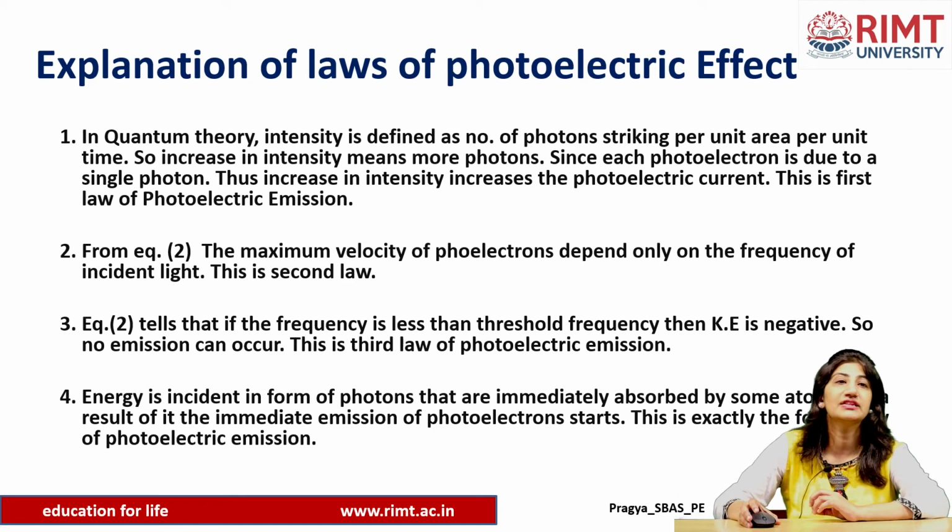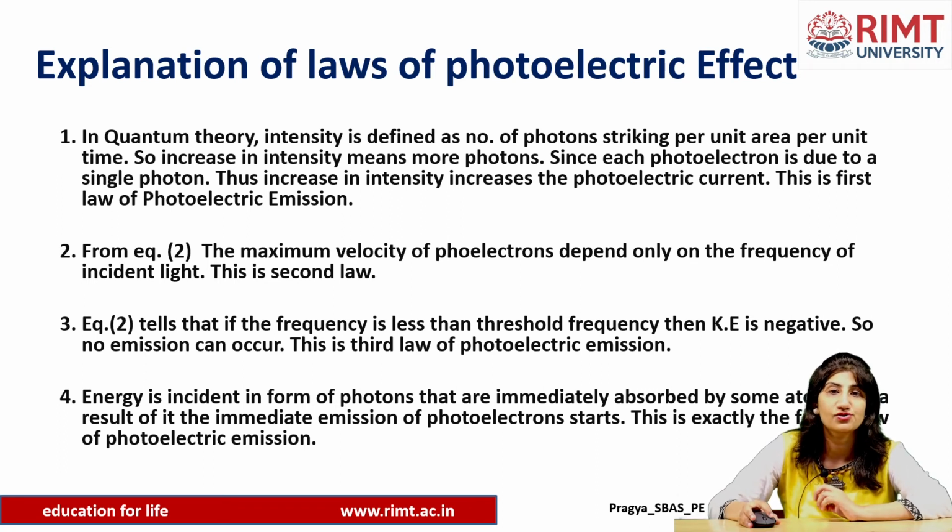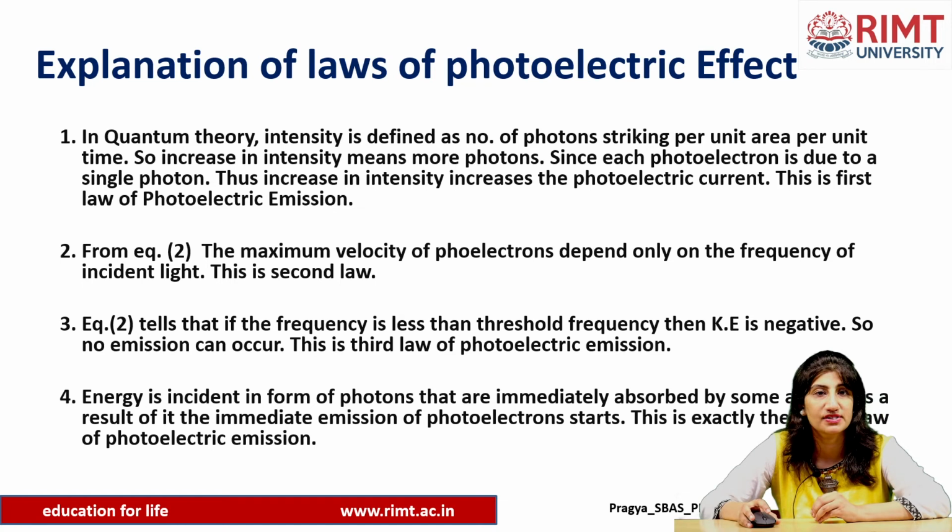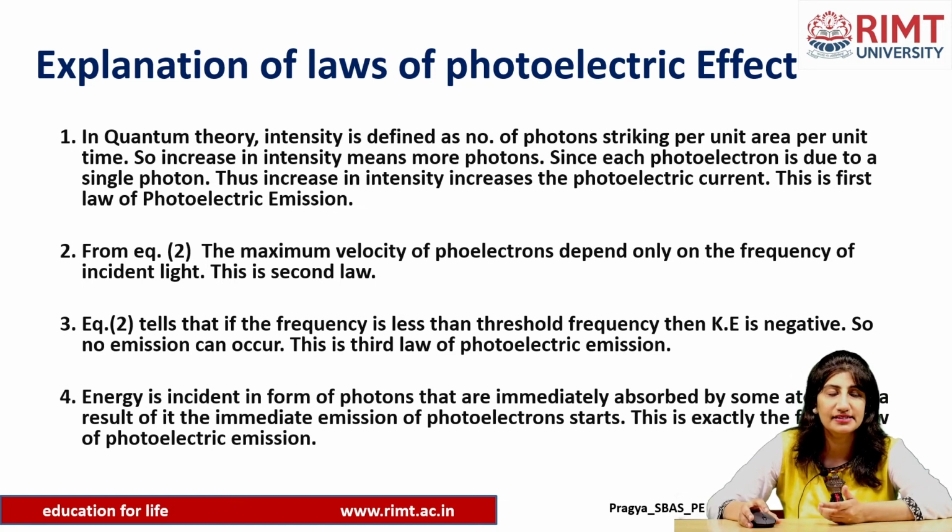Based on these calculations and assumptions, now Einstein explained the laws of photoelectric effect. Number 1, according to quantum theory, intensity is defined as the number of photons striking per second per unit area. So, an increase in intensity means more photons are falling.